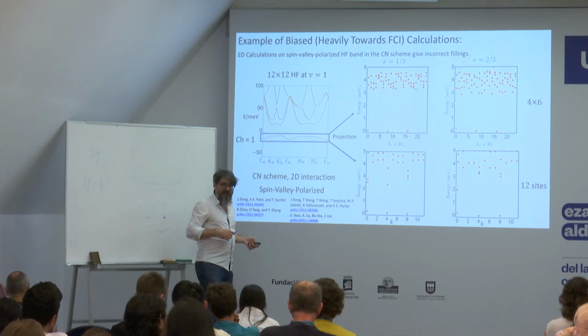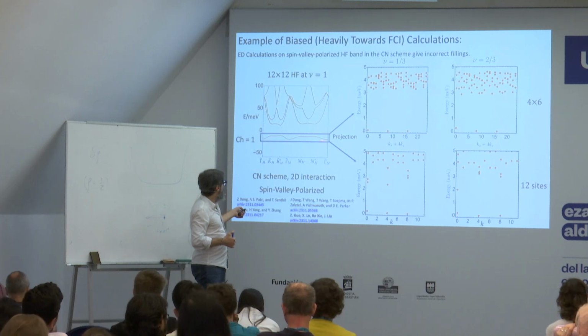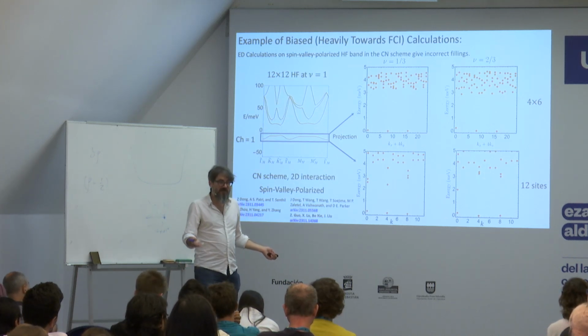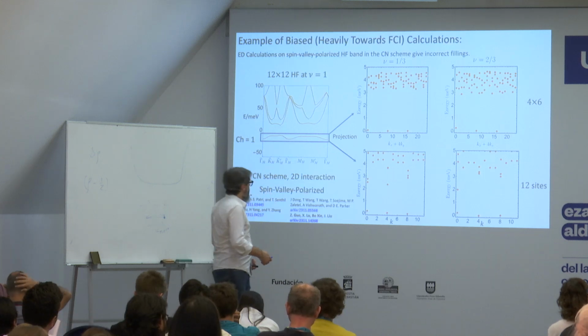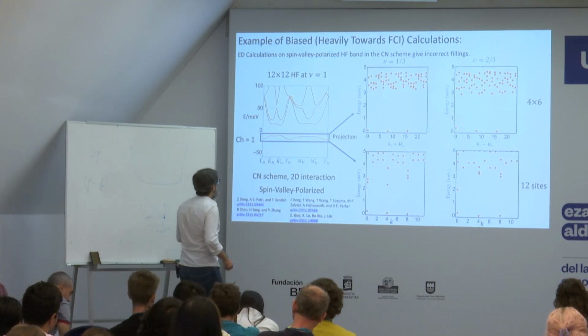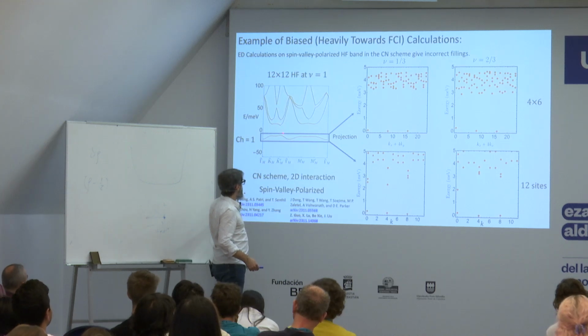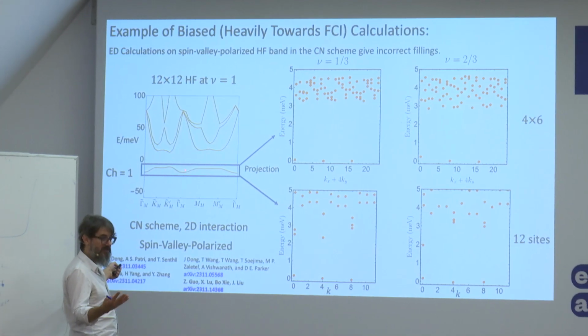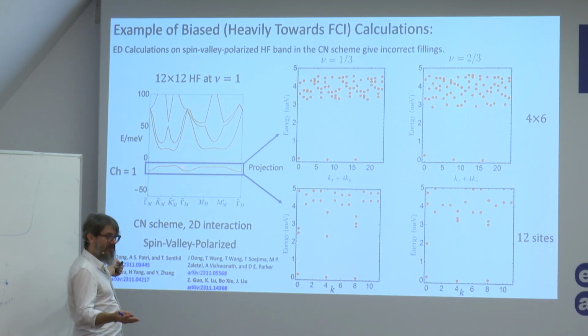I wouldn't obtain it as a single particle. So now I'm filling it to 1/3. Why should I assume it's just a rigid shift? We see a lot of things happen as a function of filling. The second problem is this gap, since it's the Coulomb interactions that cause the Wigner crystallization.